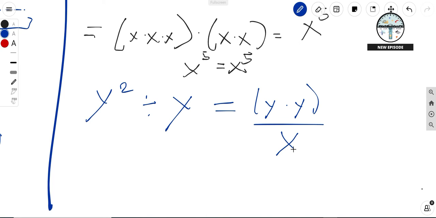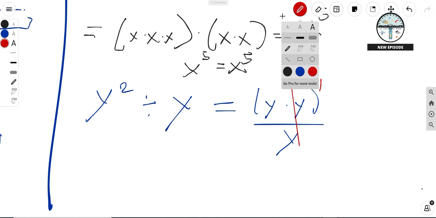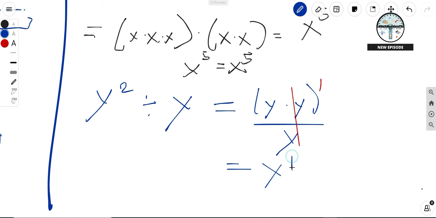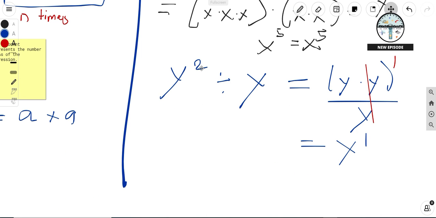Obviously we have like terms here, so we divide y and y, slash them out, because y divided by y is equal to 1. After that we simplify, and the only remaining term is y. That's the reason why we need to subtract the exponents. That is just the same as 2 minus 1, and that is y to the 1. Get it?